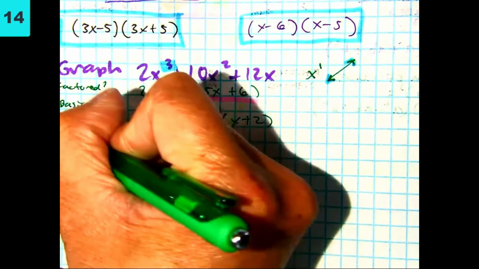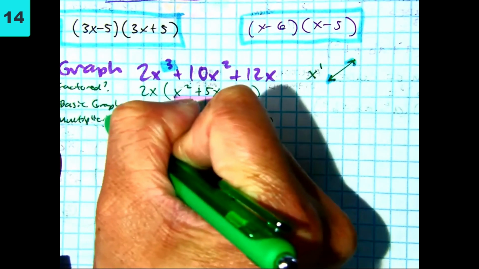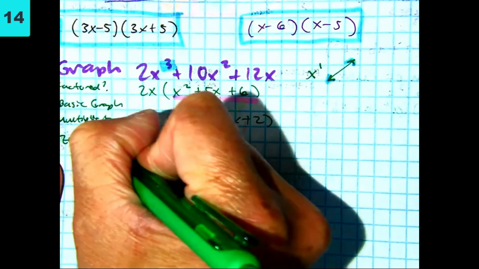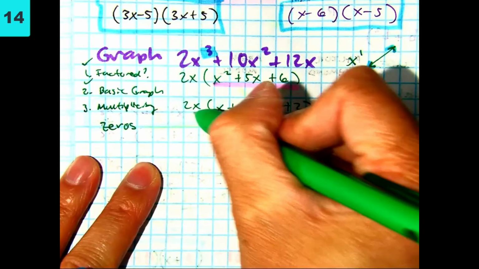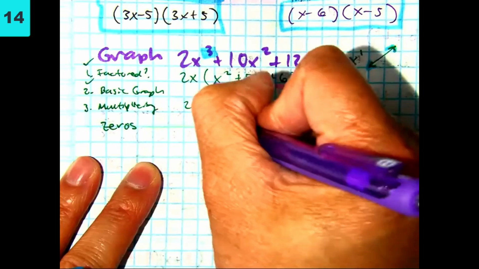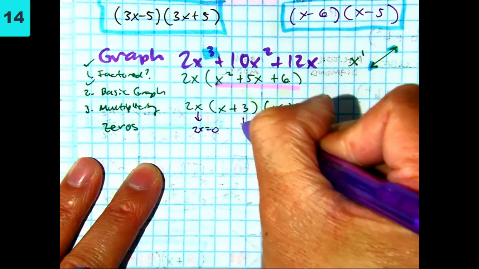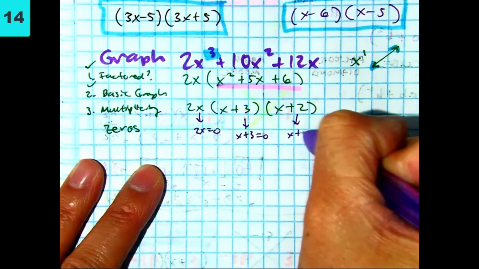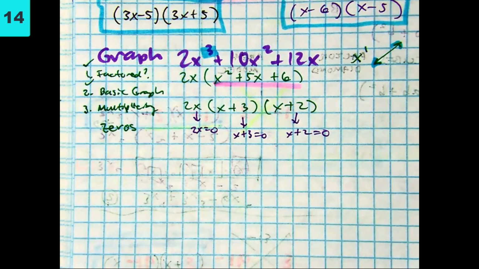Let's get our multiplicity now. So our zeros, if you set each of these equal to 0, and if you solve these, what do you get?